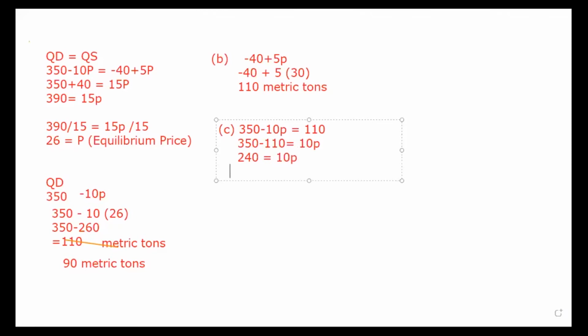So what is the amount now consumers are willing to pay? 240 divided by 10, and 10p divided by 10 will give me 24 rupees for a price. So this is the amount of money the consumers are willing to pay.